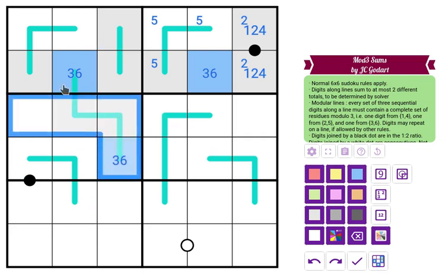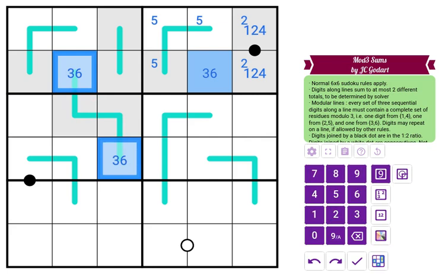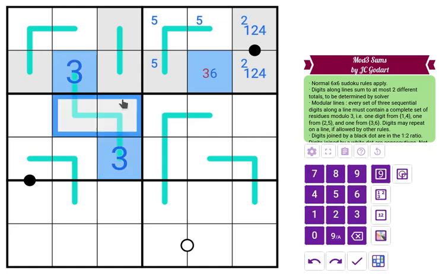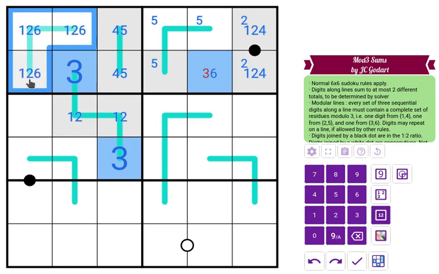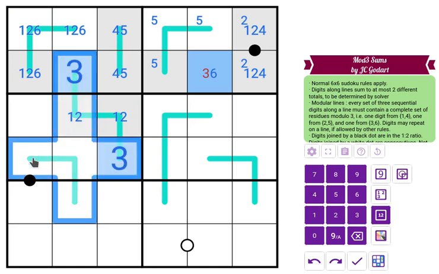This is not the easy part. Well, I can write it down, so maybe it's easier for us to check. This would be 3, 1, 2, 4, 5, and then 1, 2, 6, and then this would not contain a 3, so it would contain a 6, and it would have to be 1, 2, 6.